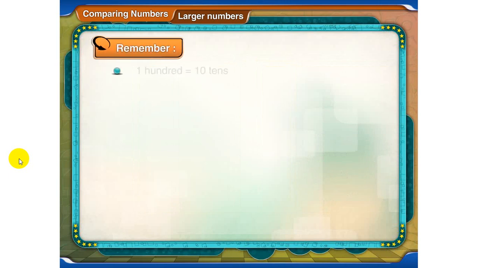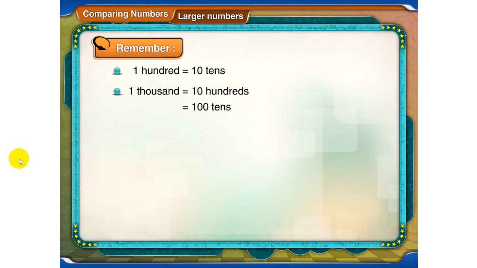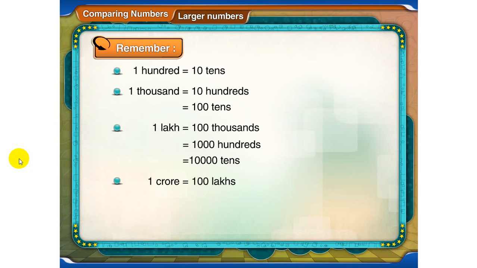Remember, 100 is equal to 10 tens. 1000 is equal to 10 hundreds, which is equal to 100 tens. 1 lakh is equal to 100 thousands, which is equal to 1000 hundreds, and that is equal to 10,000 tens. 1 crore is equal to 100 lakhs.